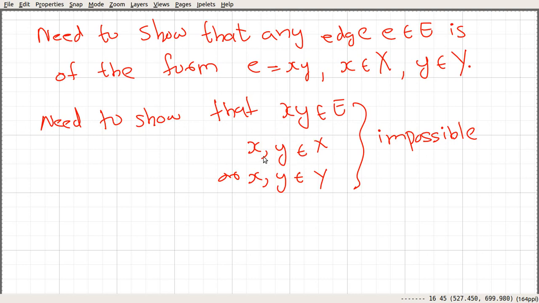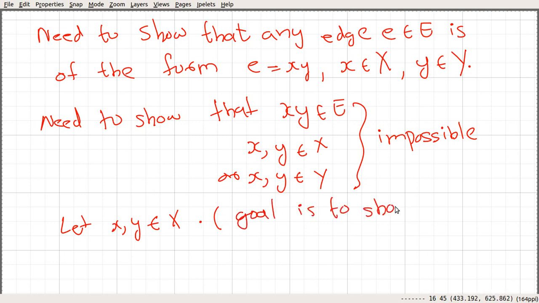Again, the proof is going to be by a contradiction. So let xy element of X. Remember our goal is to show that xy is not an element of E, since x and y belong to the same partition. So we are going to prove that one.